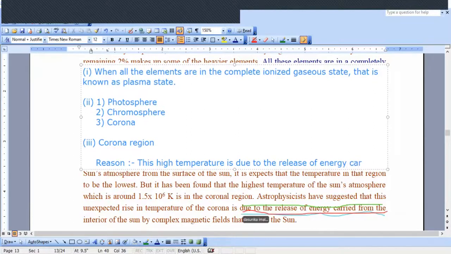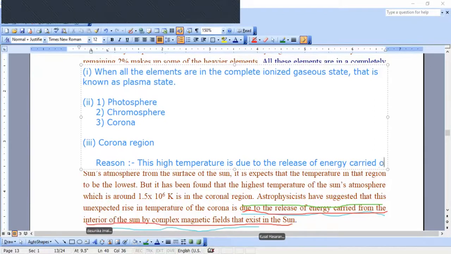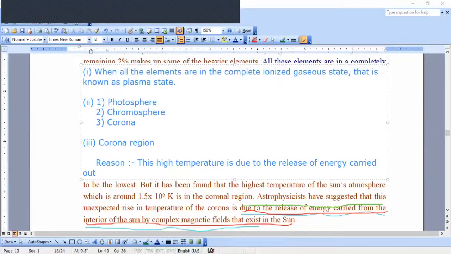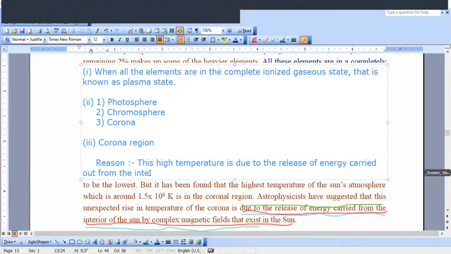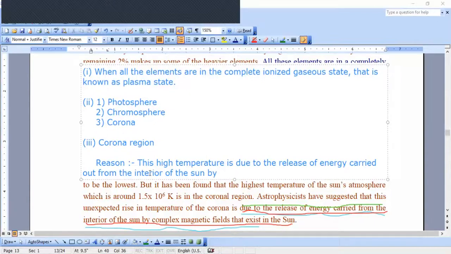Can somebody underline and highlight it and show it to me? Due to the release of energy carried out from the interior of the sun, by, and the last few words are the most important, by the complex magnetic fields that exist in the sun.